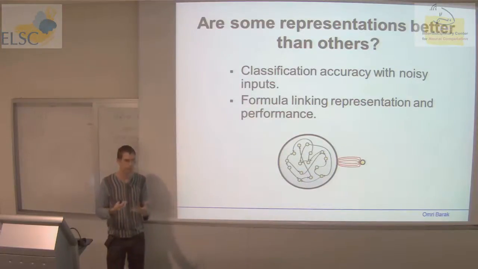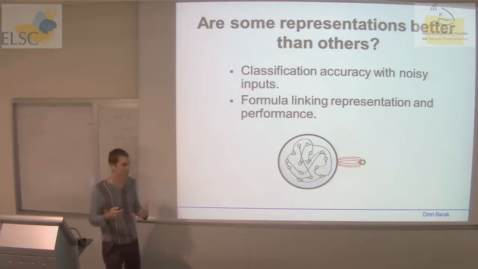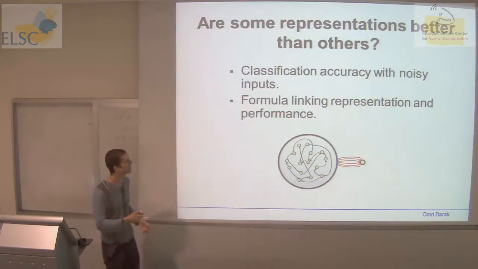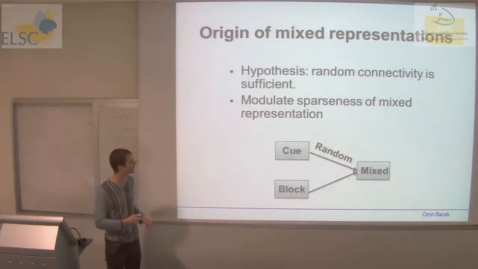Are some mixed representations better than others? To ask this question, I tested the classification accuracy with noisy inputs to see whether the performance of some mixed representations is better than others, and I derived a formula that links the form of the representation and the performance of the classifier.